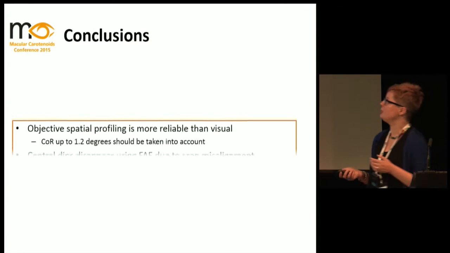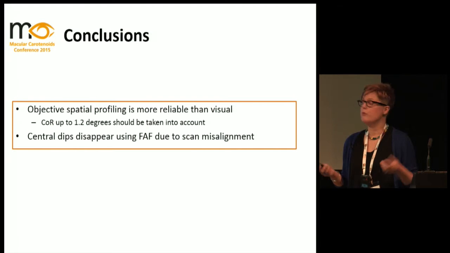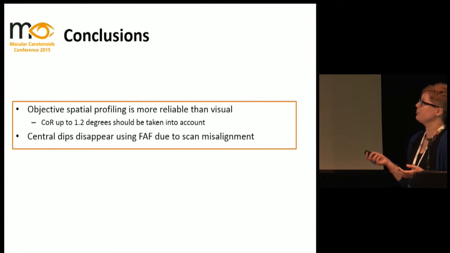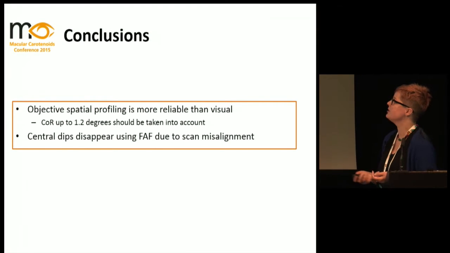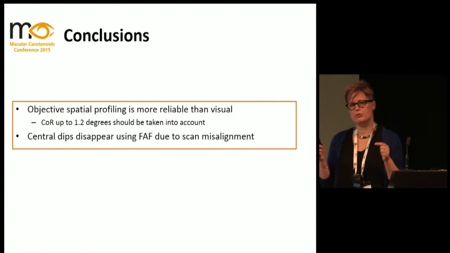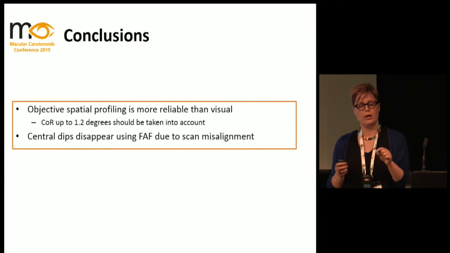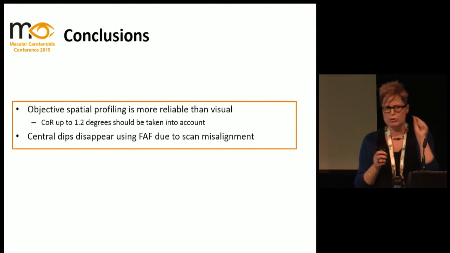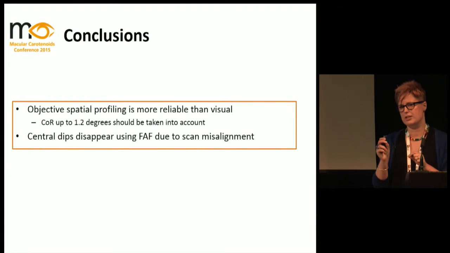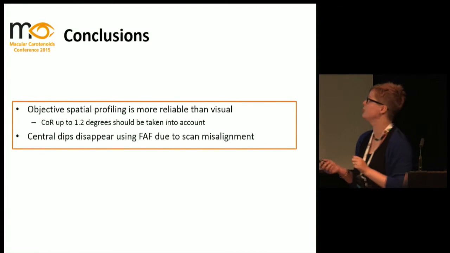So in conclusion, regarding the spatial profiling, we could say that objective spatial profiling is more reliable than visual, and that's probably not a surprise. I do think that we have to start including the core, definitely up to 1.2 degrees, if we really want to make a conclusion as to if this patient has got an exponential profile or a non-exponential profile.